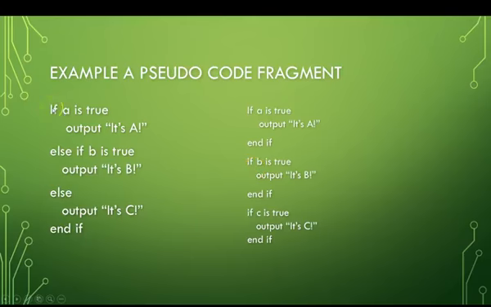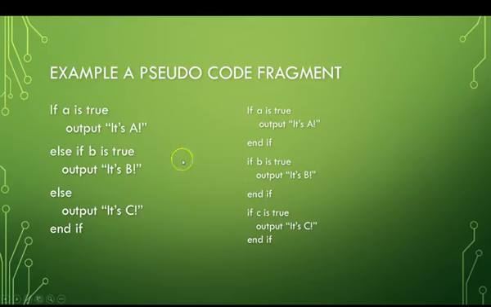When we have an exclusive set, we want to use the cascaded structure, so we use the minimum number of tests to determine which of the cases we want. This is a very inefficient structure because it's always going to do more tests than are needed, whereas this one will do the minimal number of tests needed.